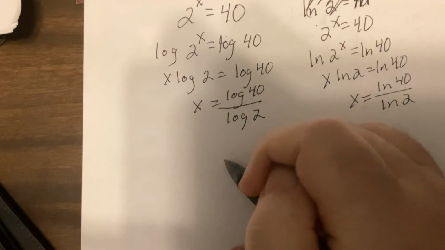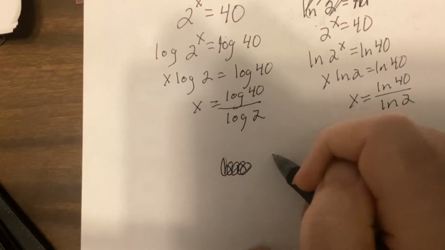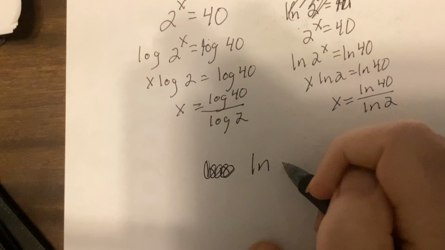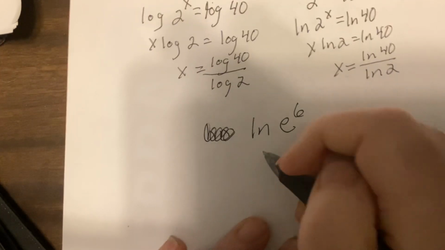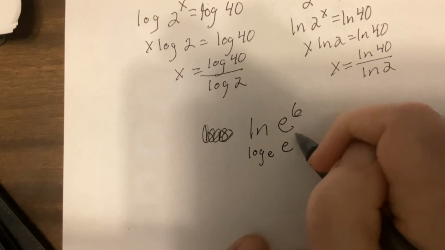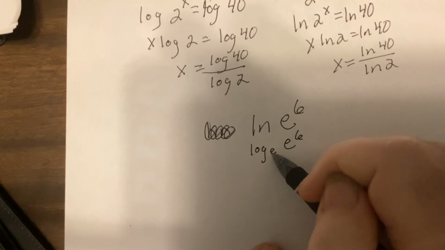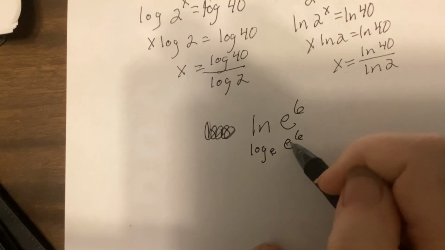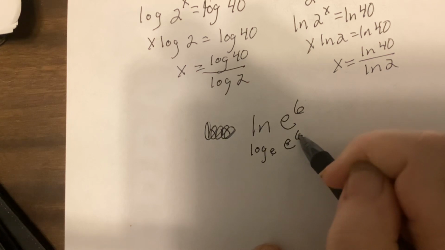Now, if I said, what's the ln? Good land, what's wrong with me? If I say ln of e to the 6, well, that'd be the same as log base e of e to the 6. Now, if you remember, we said if the base of the log is the same as what you're taking the log of, then the power is the answer.